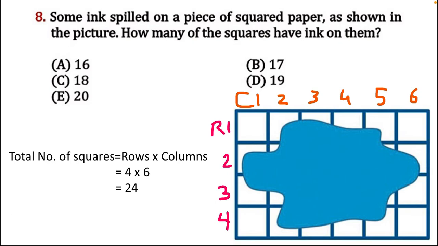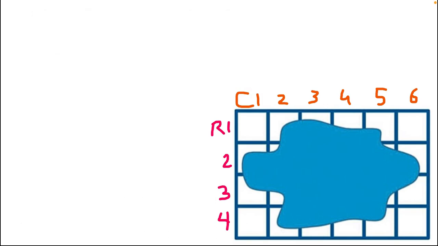Now we know that the total number of squares in the big rectangle is 24, but we still need to find the number of squares that have ink on them. Now look at that picture. Only 1, 2, 3, 4 squares are the squares which do not have ink on them. So how are we going to find the number of squares having ink on them?